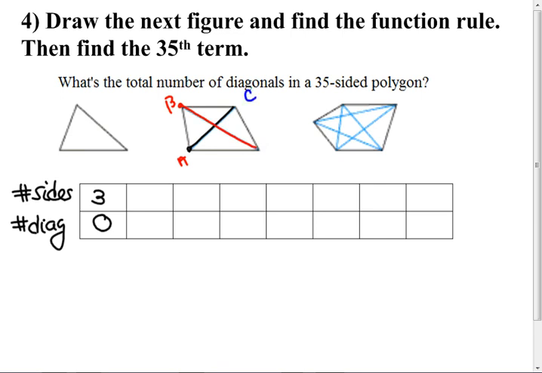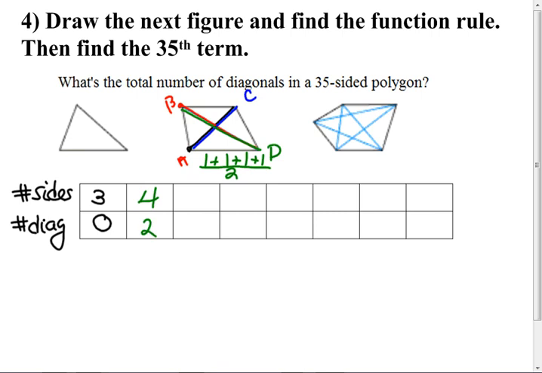How many diagonals can you draw? 1. And D, how many can you draw? Do I have all my colors doubled? Yes. But I don't want the doubling. I only want it 1 time. Well, from each vertex, you're going to draw 1 plus 1 plus 1 plus 1, because there are 4 of them, right? And we have to divide by 2.